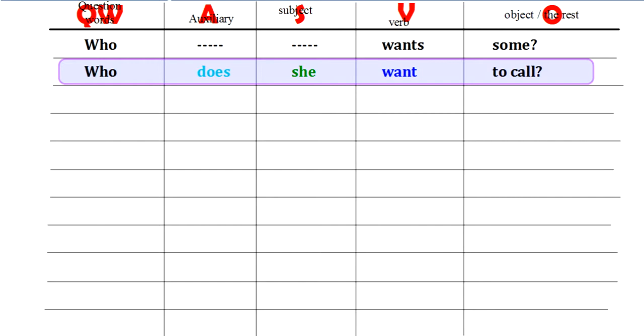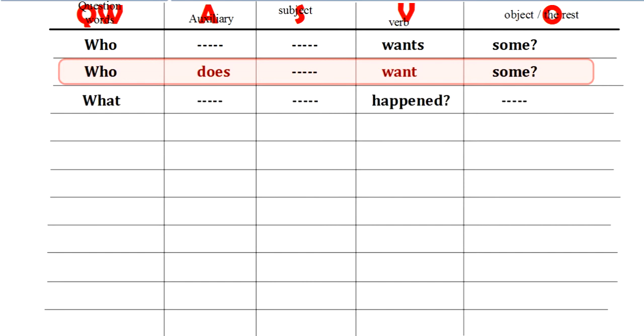And because it is a simple tense, the simple present, remember that the base verb is used in the verb column, but not in the subject question. We need to say wants when there is no subject in the column. What we want to avoid saying is something like this. This is completely wrong, and someone who is accustomed to the QWASVO pattern might make this mistake.